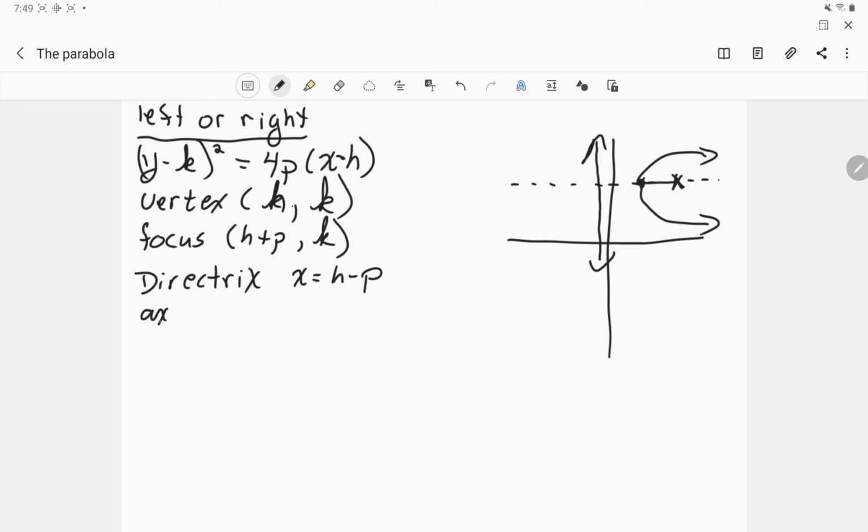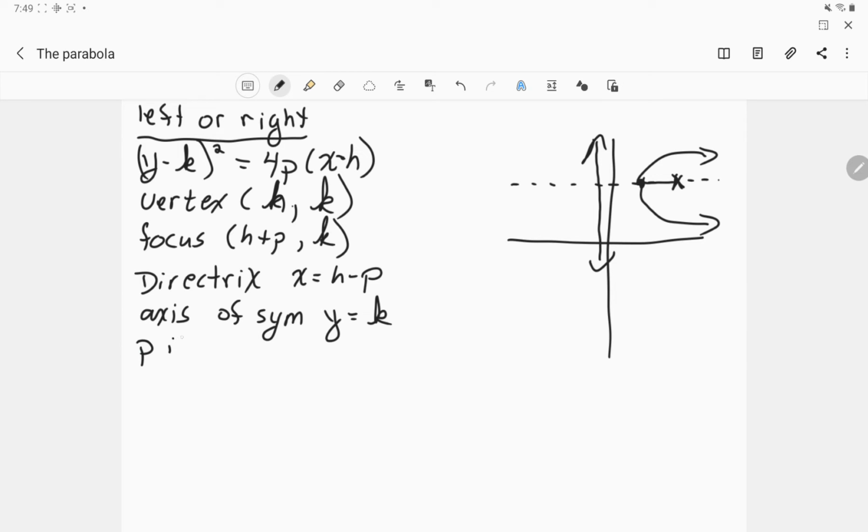Your axis of symmetry is now a horizontal line. So the equation is going to be y is equal to whatever k is, because it's at a very specific height and it's at the same height as your vertex.